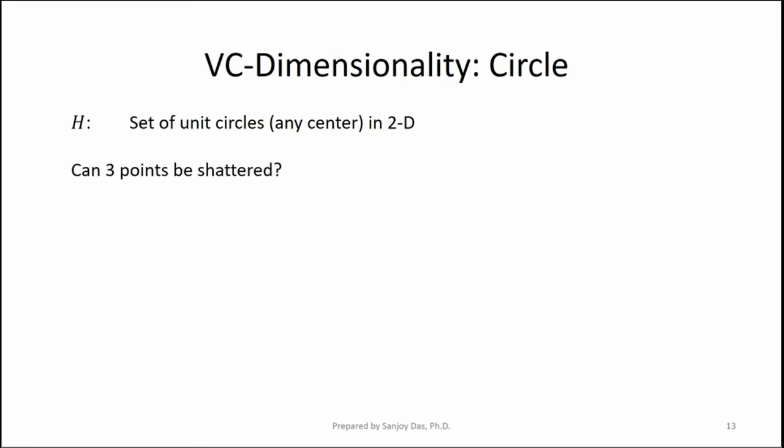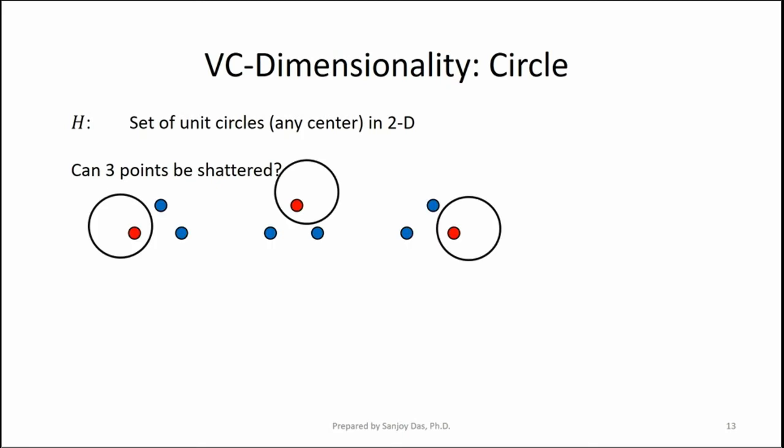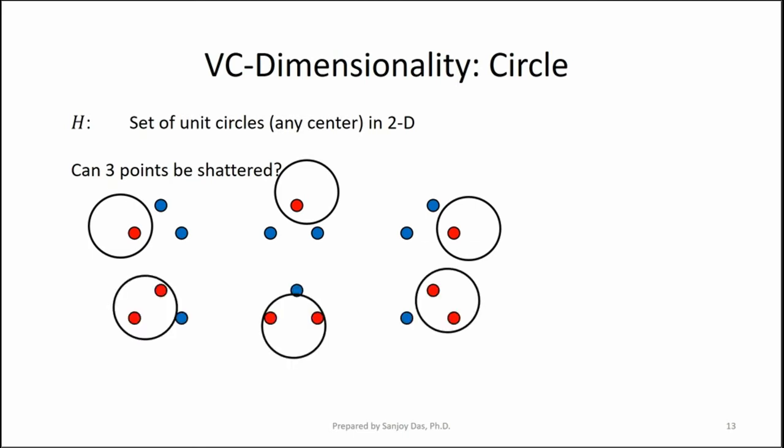And can 3 points be shattered? Let's see. Now, here in these 3 labelings, we are labeling 1 point as red and 2 blues, and we need to enclose the red point, and we are able to do that using the circle in all 3 cases. The red point is getting enclosed. In this set of labelings where there are 2 reds and a single blue, again we are able to enclose the reds.